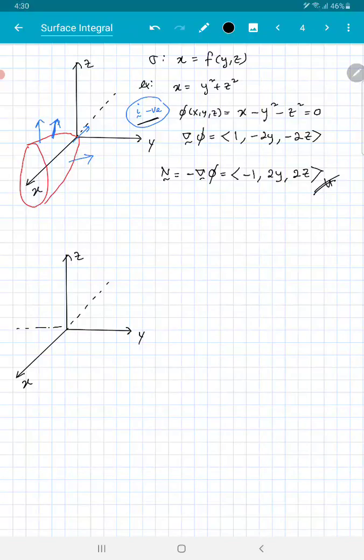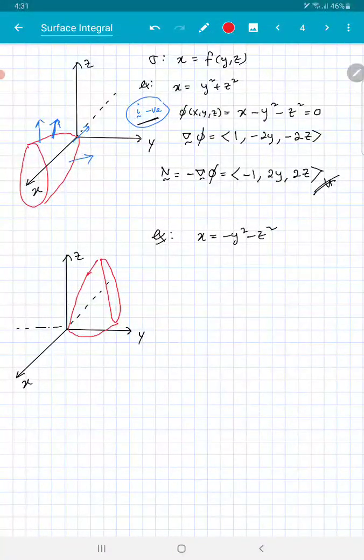Alright, now let me give you another example. Let's say now your surface is x is equal to negative y squared minus z squared. Again, this is a paraboloid as well, but with this shape.